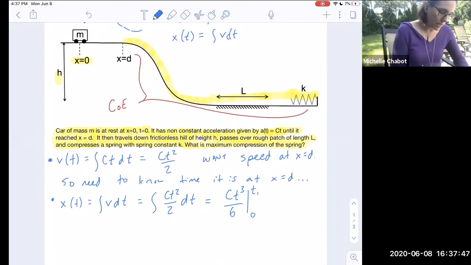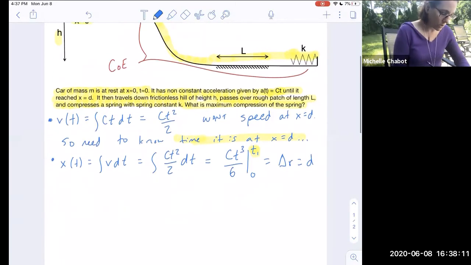And t1 is going to be the time that it's at x equals d. That's what I'm defining t1 to be, the time at which it reached x equals d, and that's actually what we want to find. And so that's going to be equal to our displacement, delta r, which is equal to d.